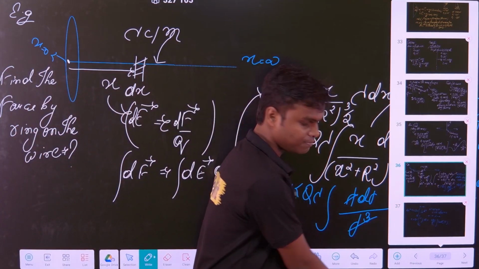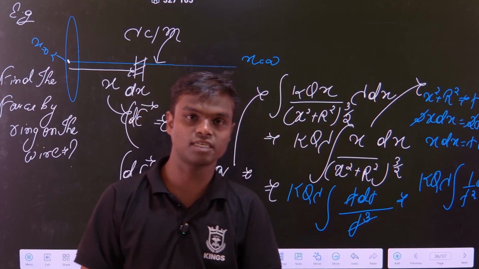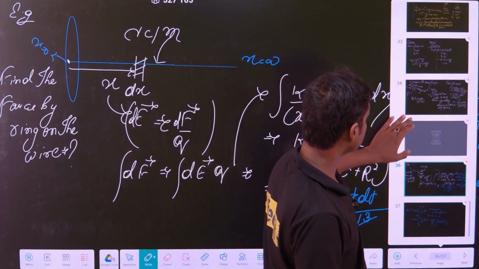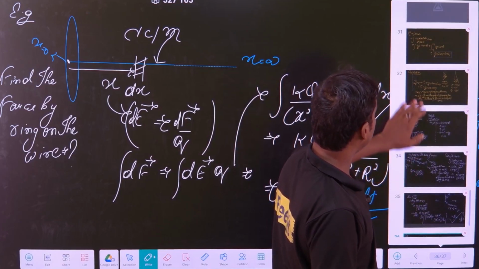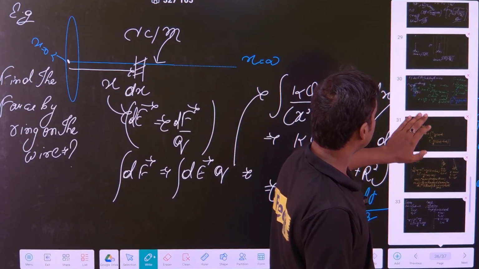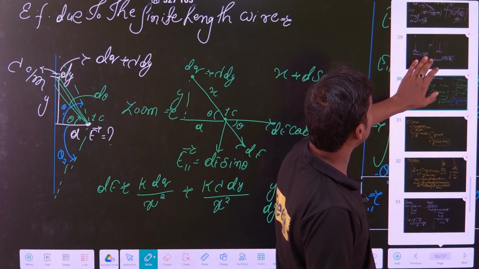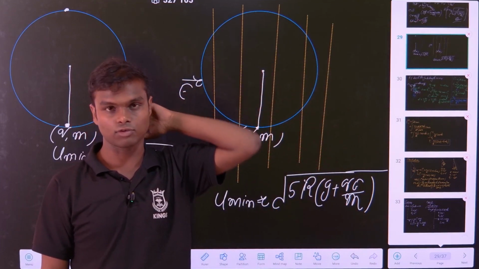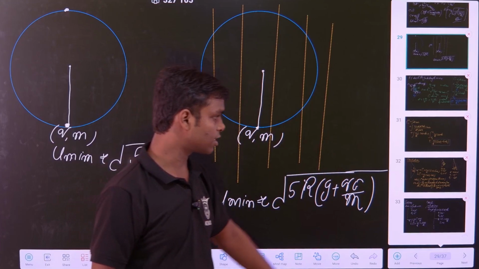So in this class we have seen the 3 basic concepts. First we have seen the constant electric field, how to deal with it and how to solve different types of questions related to it.